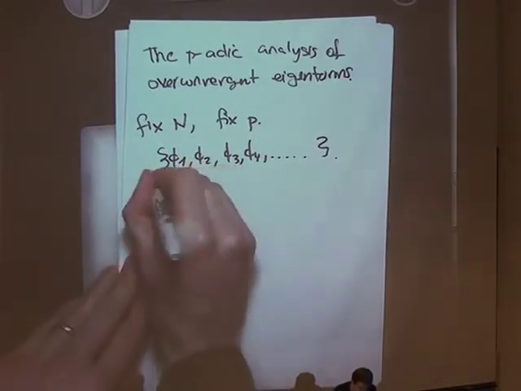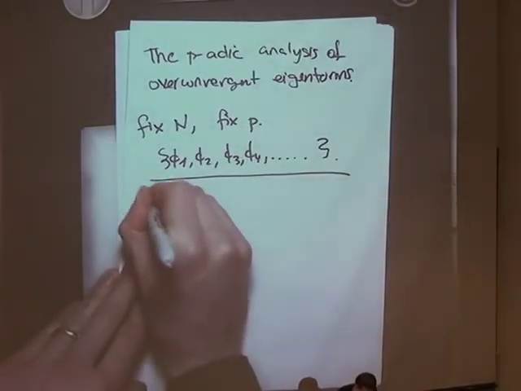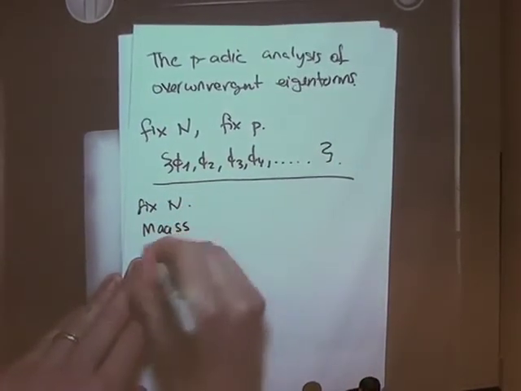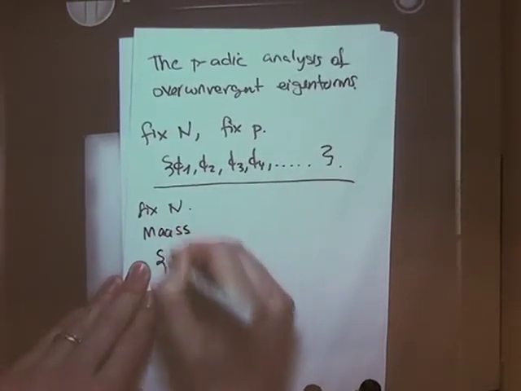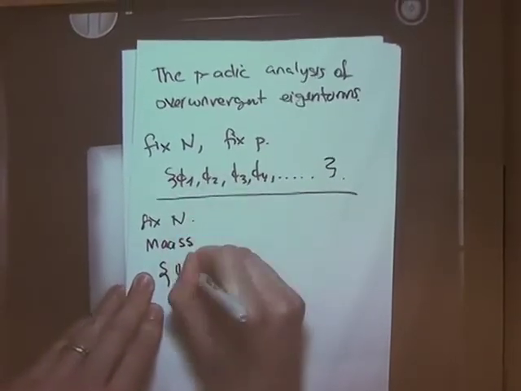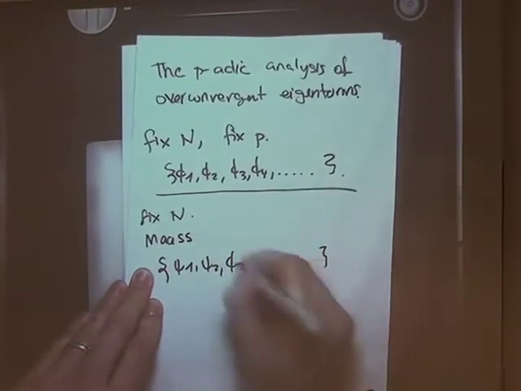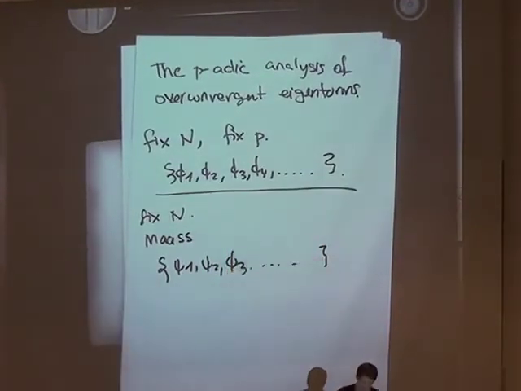So we have these objects here, and also if you fix a level, you have Maass forms. Again, these are just things of weight 0 that are eigenforms of the Laplacian. So what's some fact about Maass forms that you might want to study, and how can you compare them to, say, these overconvergent forms?